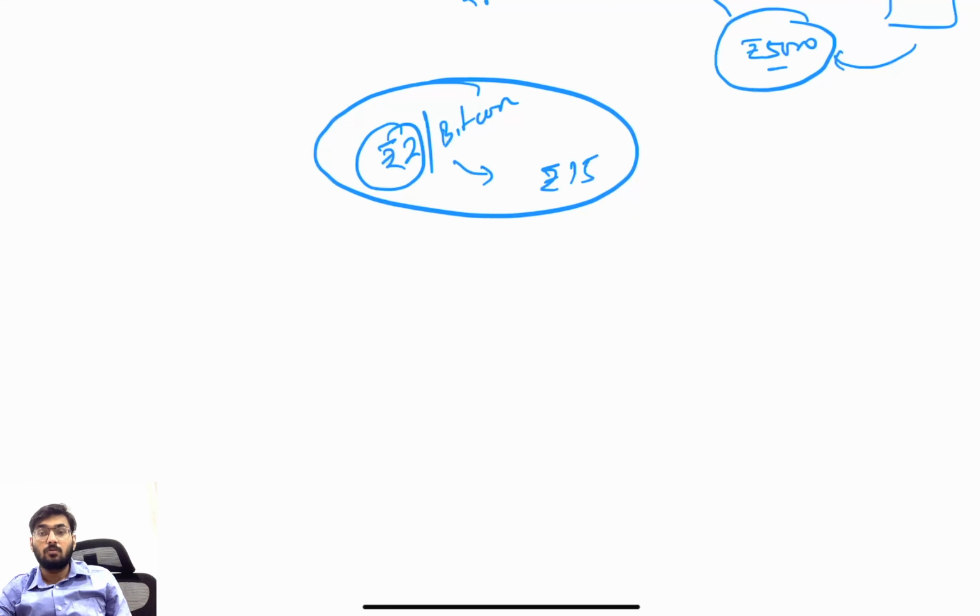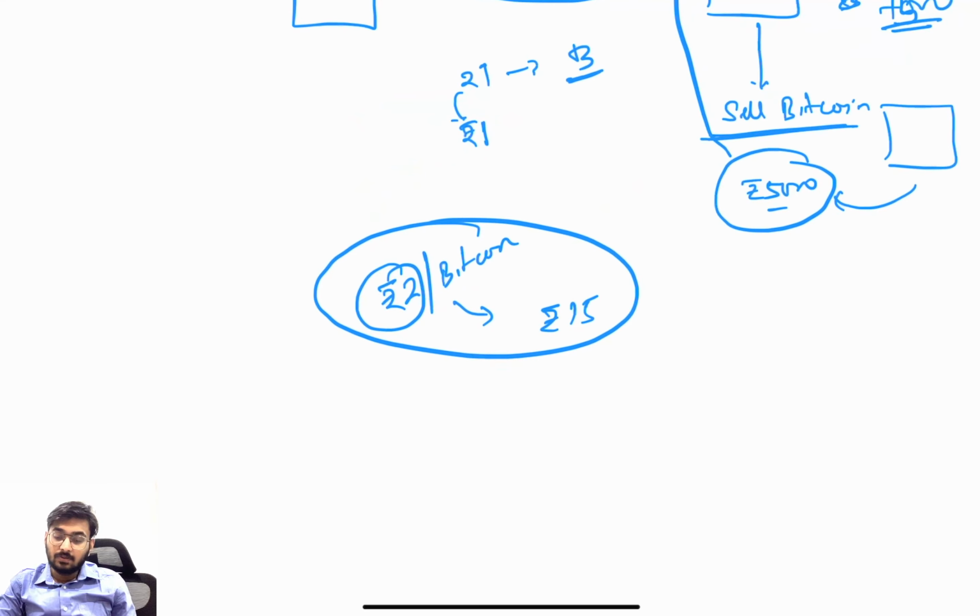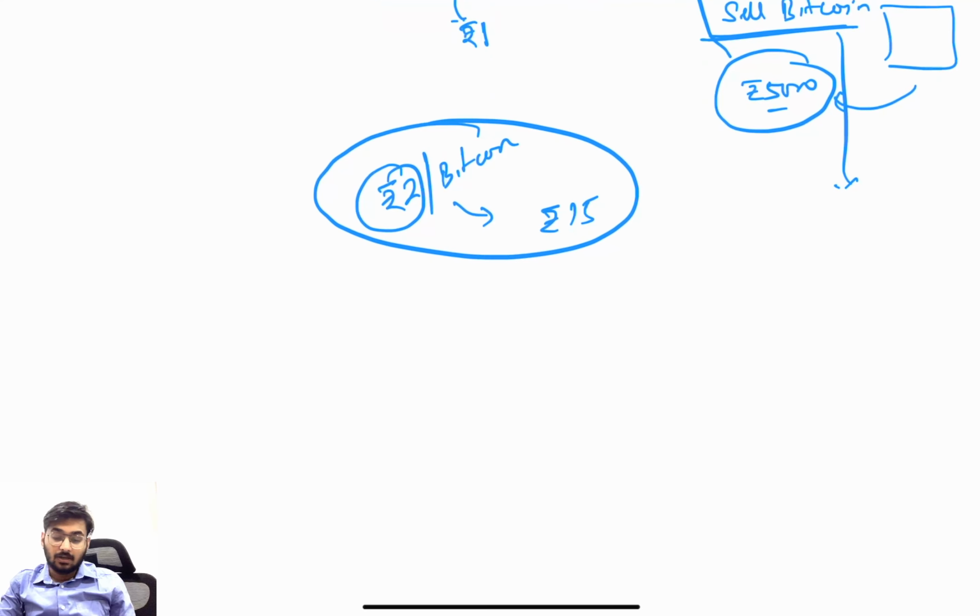Clear? Now when you are selling this bitcoin, you can sell it via some exchange. Okay, so what are those exchanges? The name of the exchange, write down WazirX. Basically these are apps which you can download and start trading in bitcoins.